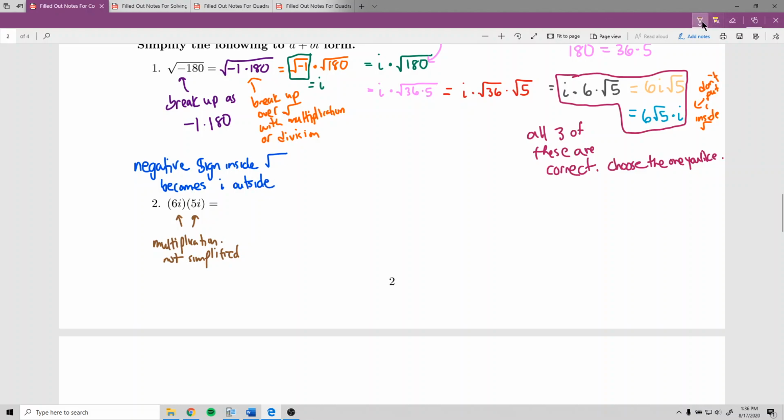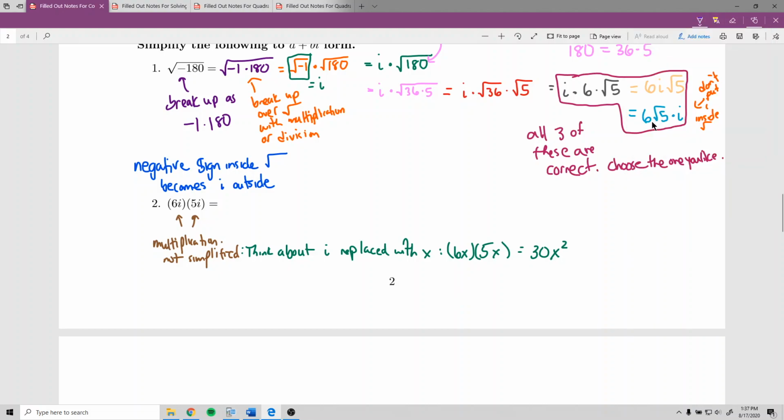The way you want to think about how to multiply this: what would you do if this was 6x times 5x? Well, this isn't the actual problem, but we know to multiply this, we would do 6 times 5 is 30, x times x is x squared, and that would be our answer.